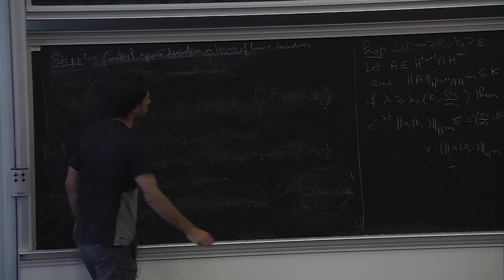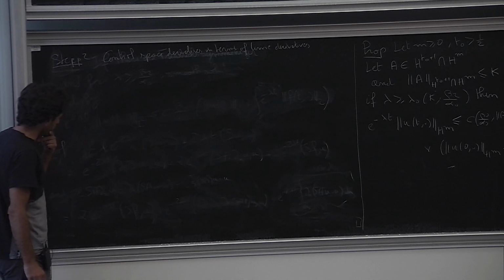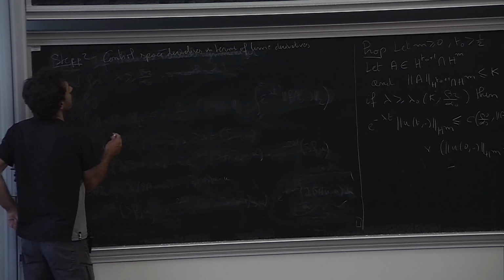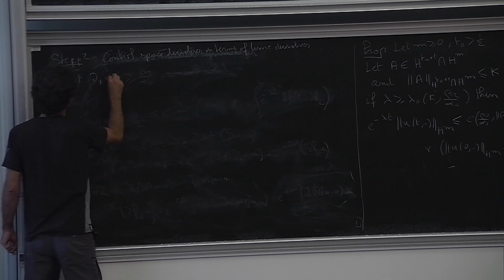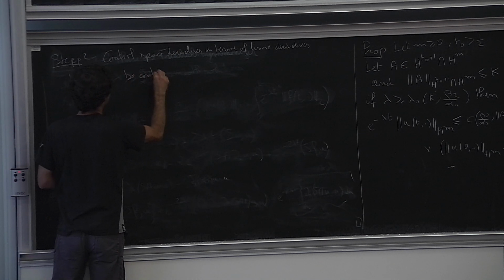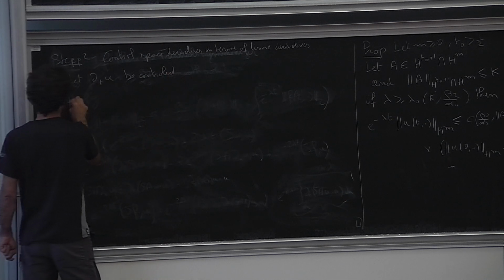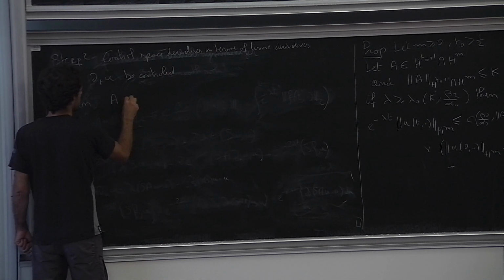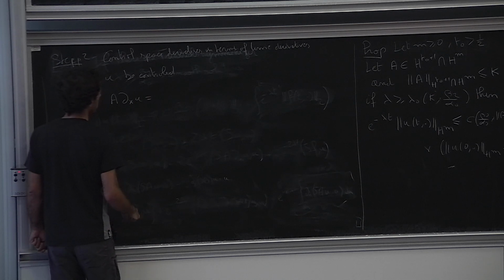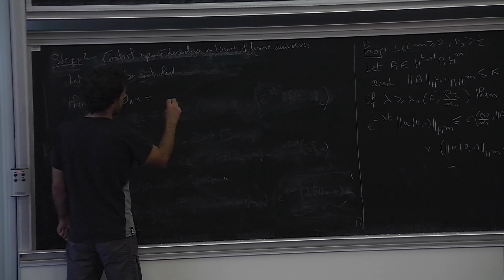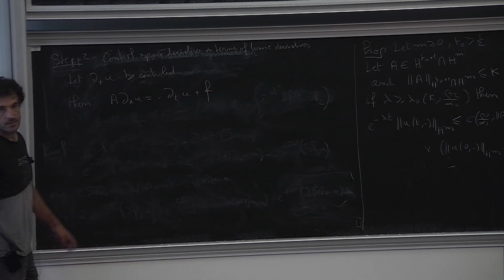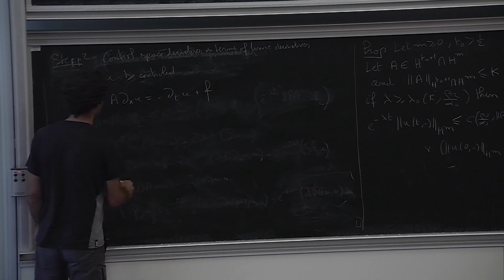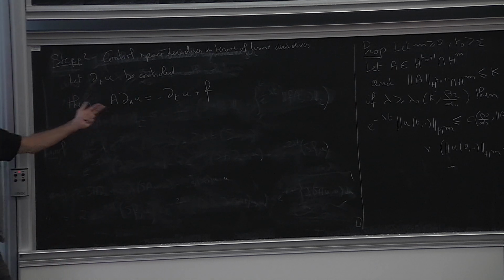So how do you do this? Well, you have, for instance, let dt u be controlled as by step 1, then I know that a dx of u is equal to minus dt u plus f. So I want to deduce a control on dx u from this.